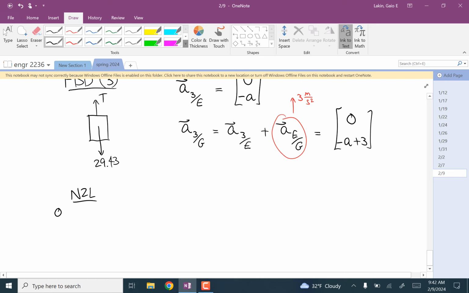And we have 0, t plus 0, negative 29.43 is equal to 3 times the vector 0, negative a plus 3.